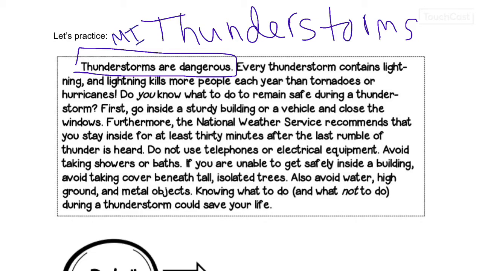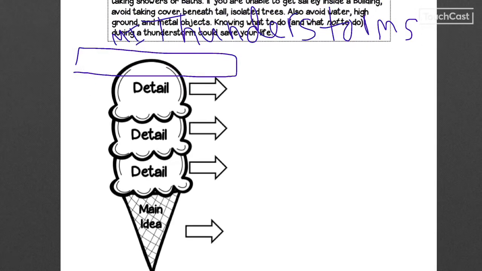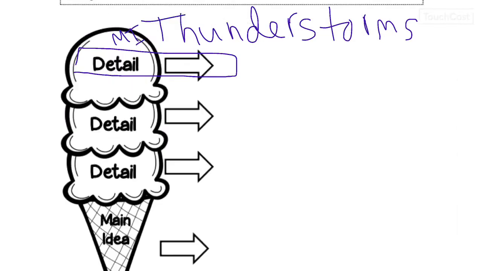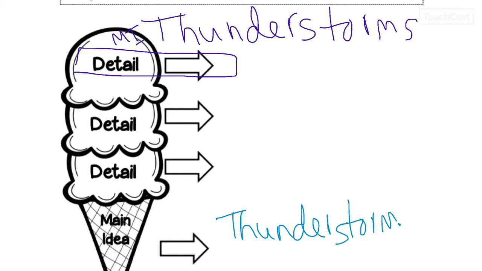Okay, so I'm going to scroll down. Here's our ice cream cone. So the main idea would be thunderstorms are dangerous. Now I'm going to find 3 details to support this.